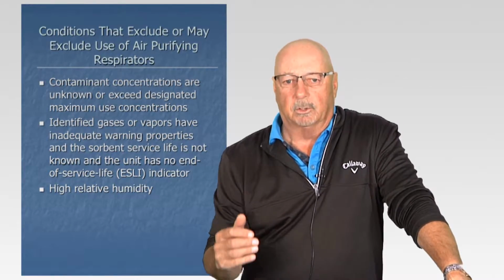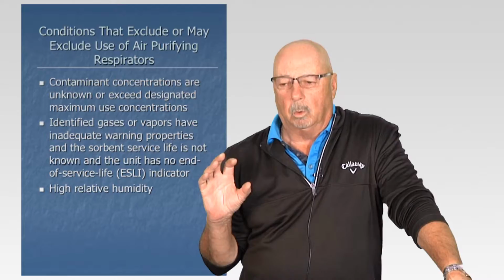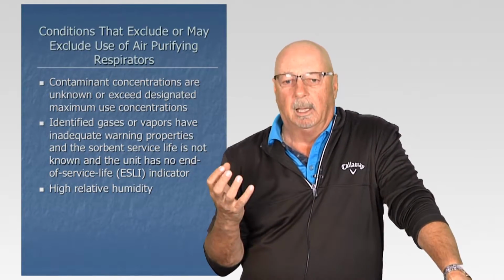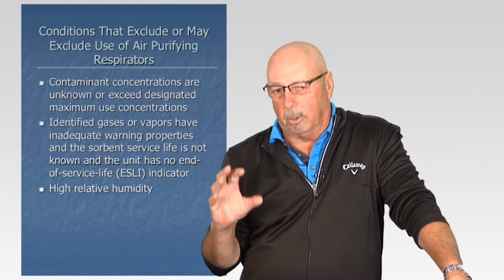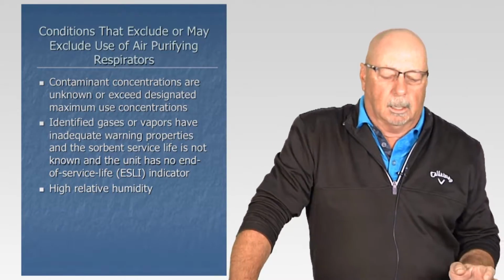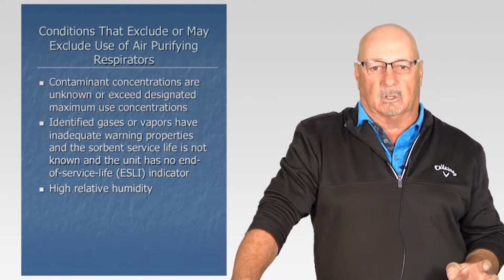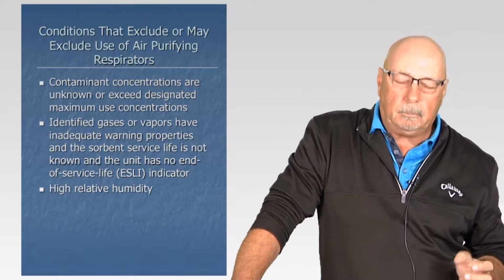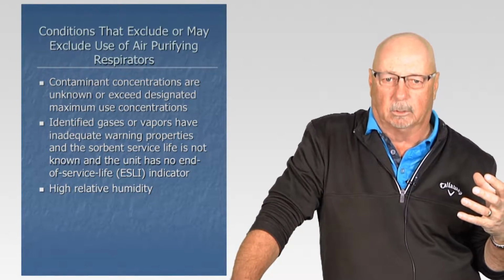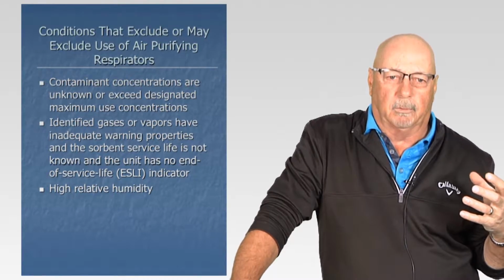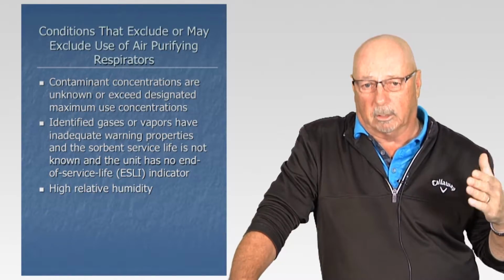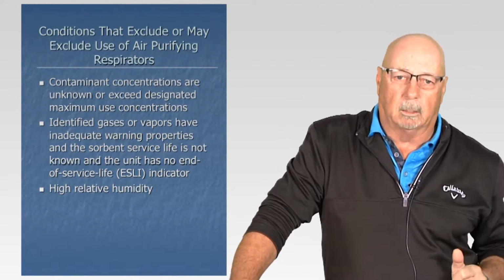Some respirators will manufacture a signaling device for those types of chemicals that don't have good warning properties, and it will be an end of service life indicator. That's essentially a warning signal that tells you if the absorbent in that cartridge has been used up, and you could potentially start having breakthrough come through that cartridge.